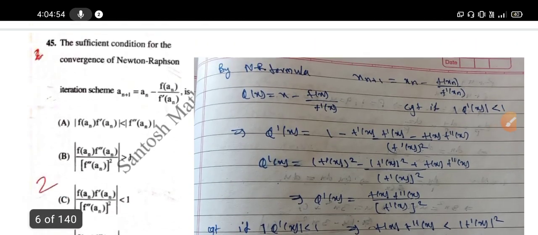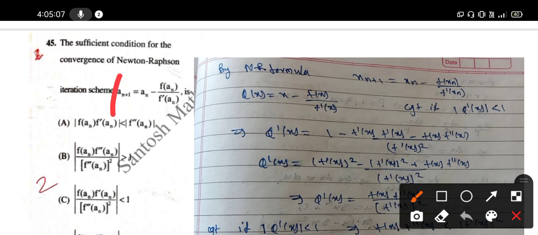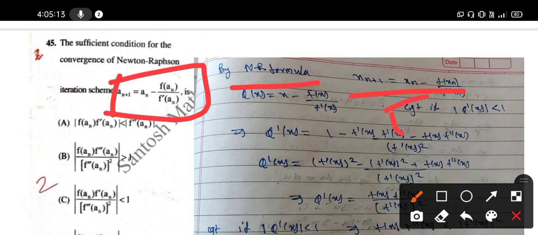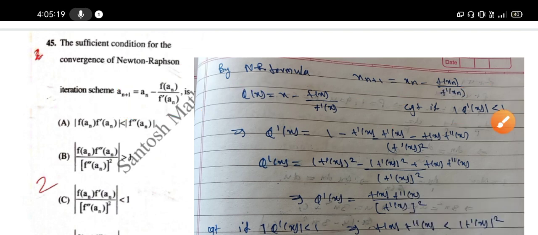Next question. What is the sufficient condition for the convergence of the Newton-Raphson iteration scheme a n plus 1 is equal to a n minus f of a n upon f dash of a n? Here the Newton-Raphson method is given with one formula. It converges if the modulus of its derivative is less than 1, so find its derivative.